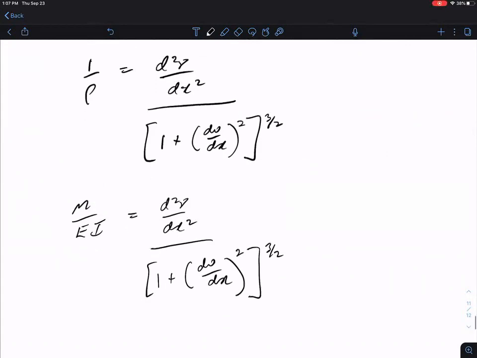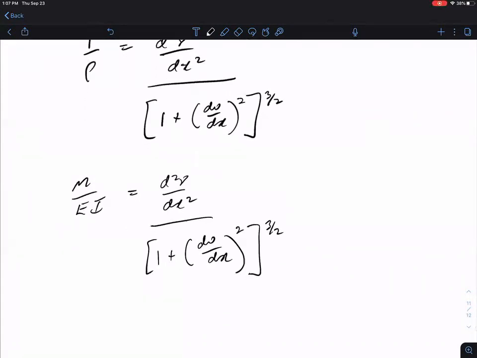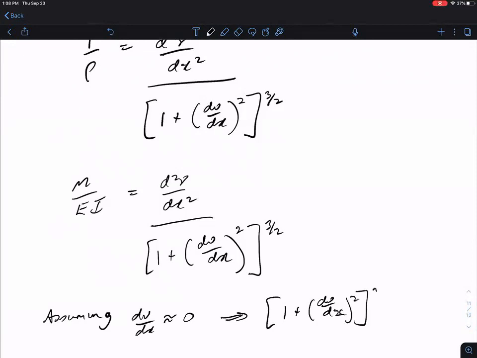And assuming that the rotations are small, so we're assuming that dv/dx is close to 0, that means that we can approximate 1 plus dv/dx squared to the 3 over 2 as being equal to 1, because for a small dv/dx, this expression goes to 0.